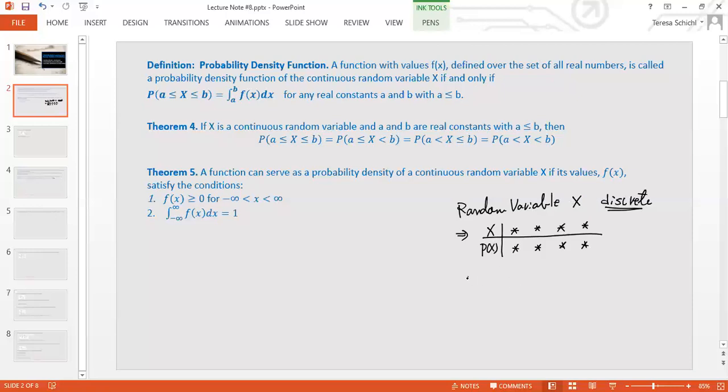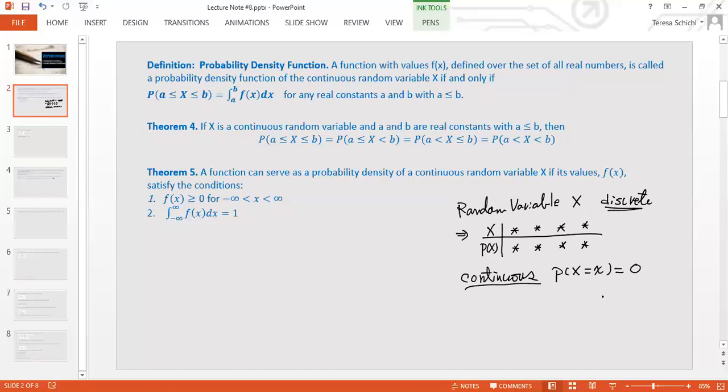If a random variable is continuous, then the probability of x equal to some specific value is meaningless, so it will be 0. Why is it 0? Like I said, you cannot say I finished this job in exactly 2 hours, because how do you know it's not 2 hours and 1 second?